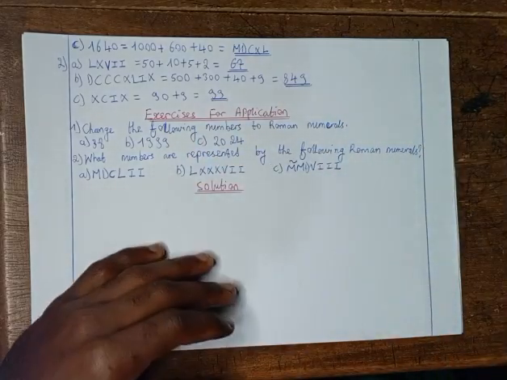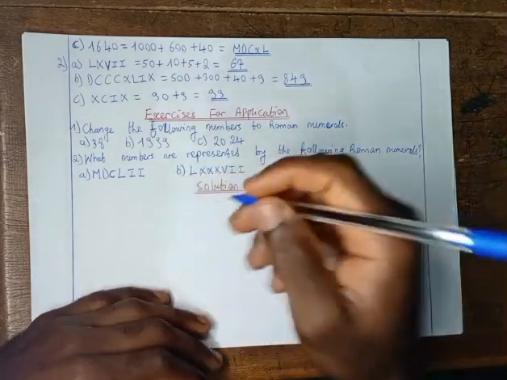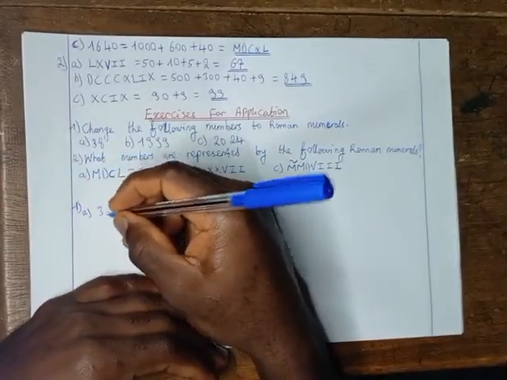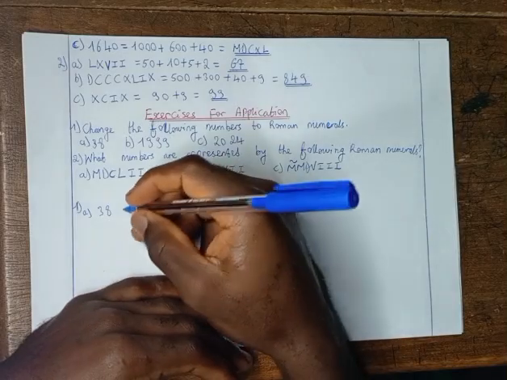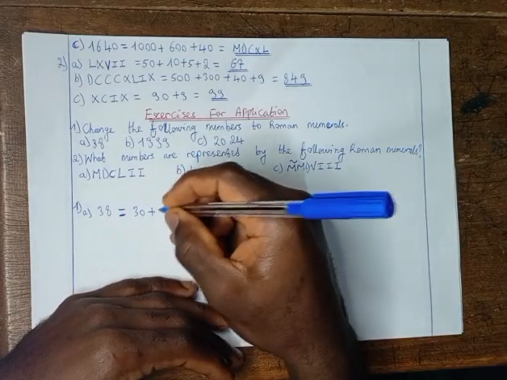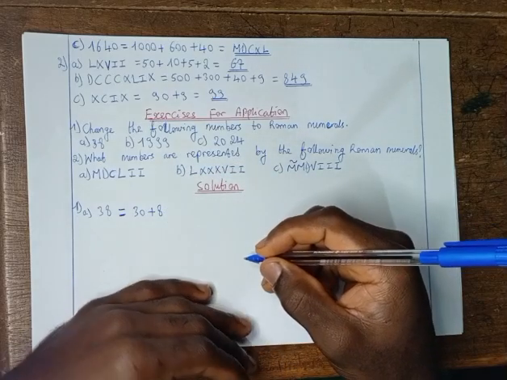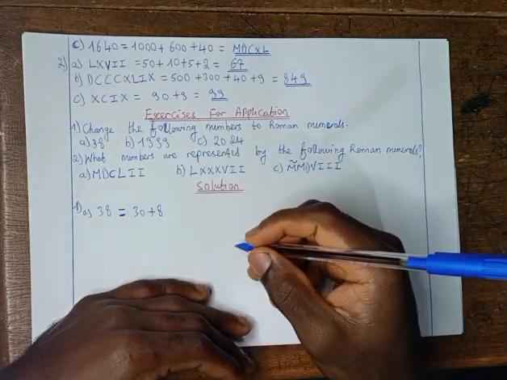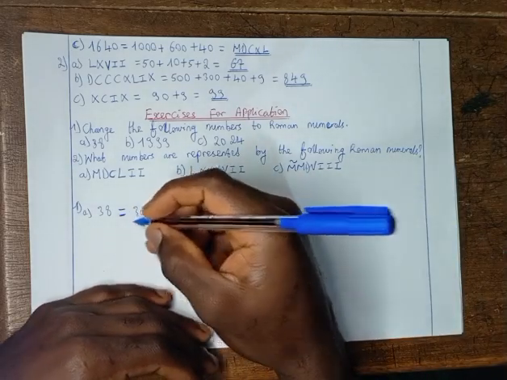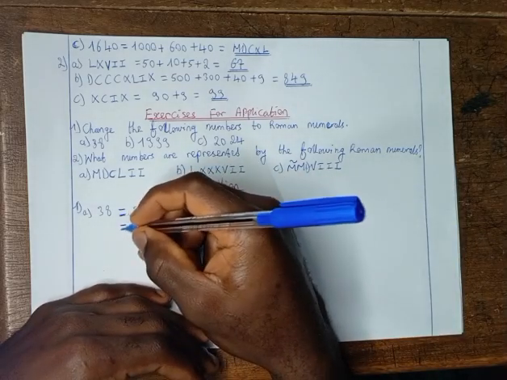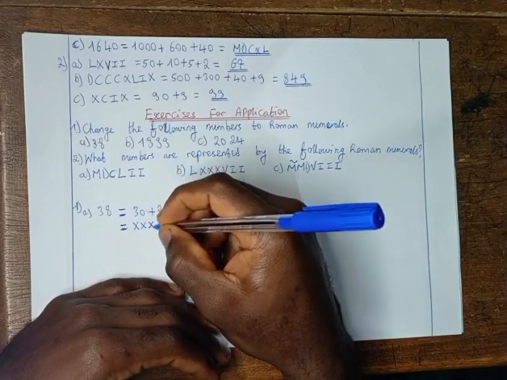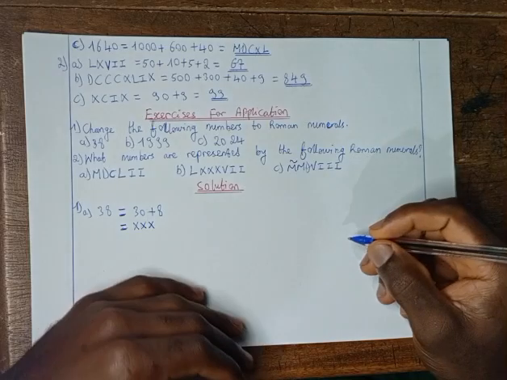For the first question, we have question 1e. We have the number 38. We know 38 is the same as 30 plus 8. We know the Romans represented the number 30 by making use of the letter X, making use of X 3 times.